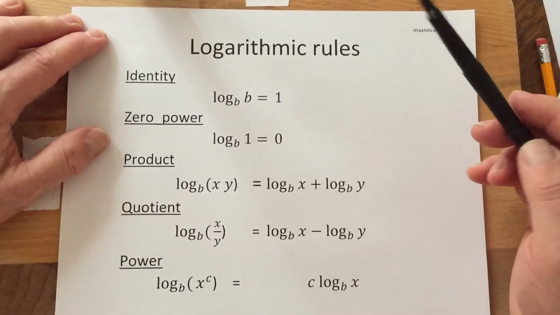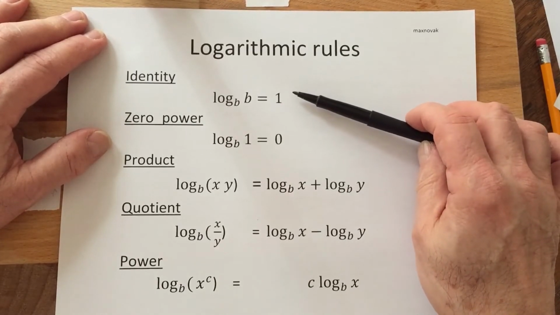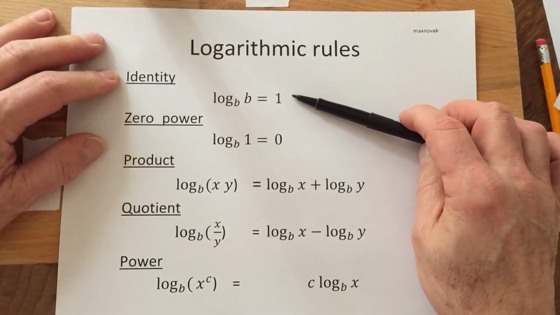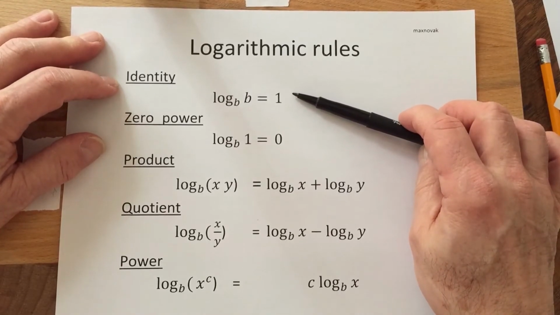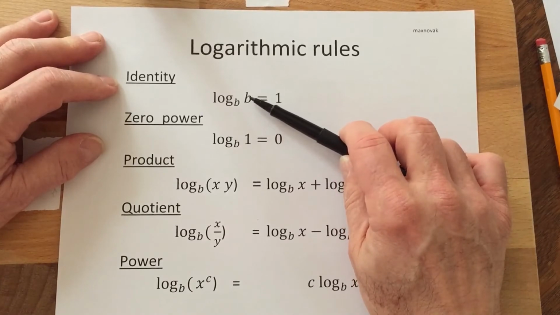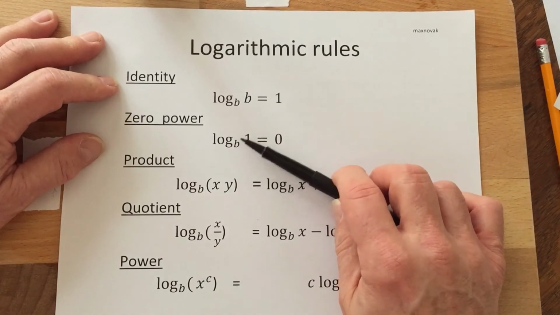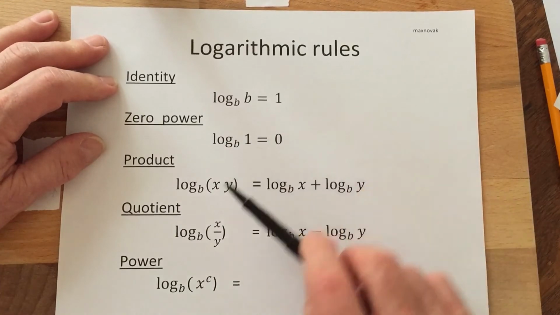So what we've done is we've looked through 5 rules for logarithms. The identity rule: how do we raise some base to itself? That's 1. If we want to raise that base to 1, it's 0.